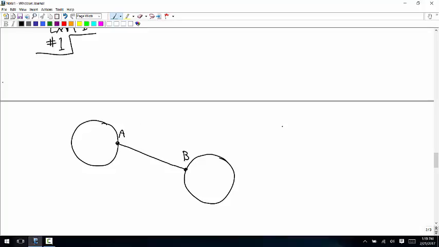The coordinates of point A are negative 4.70, 1.71. And the coordinates of B are 9.40, negative 3.42.